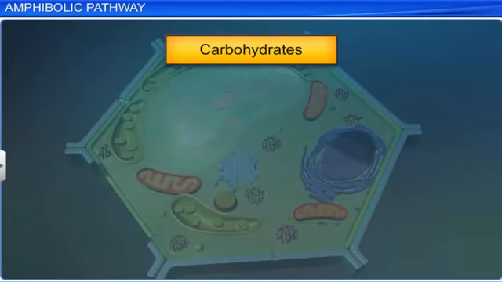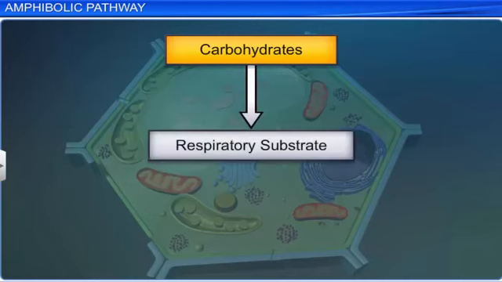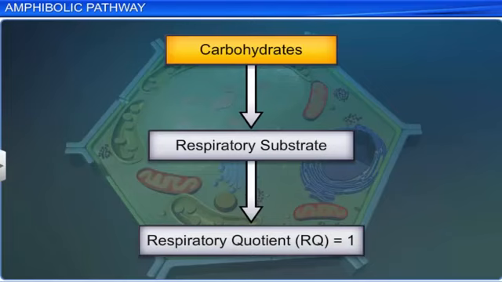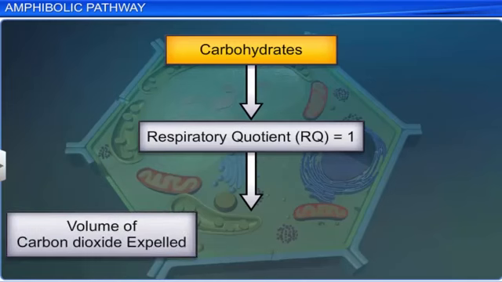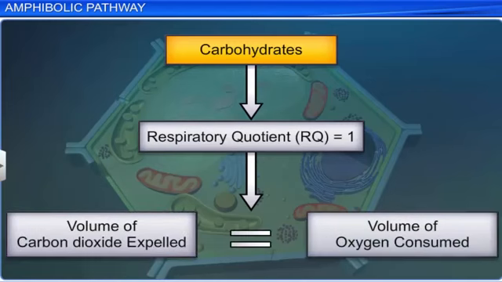For example, when carbohydrates are used as the respiratory substrate, the RQ value is 1, which means the volume of carbon dioxide expelled equals the volume of oxygen consumed.